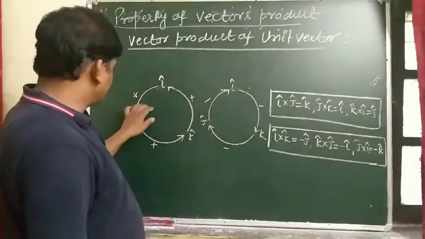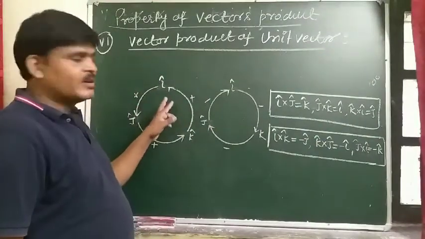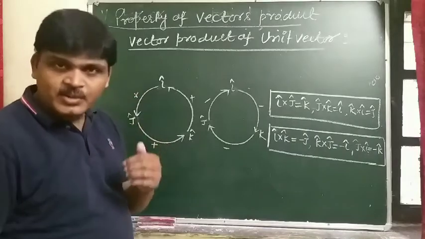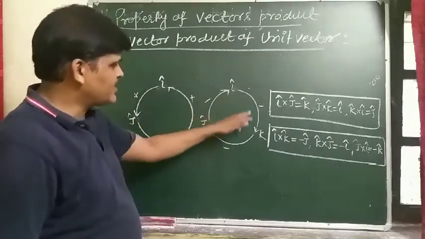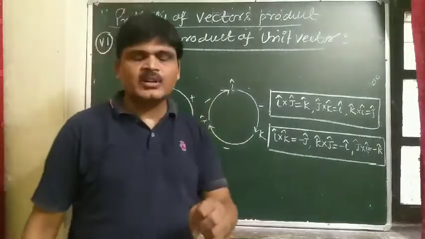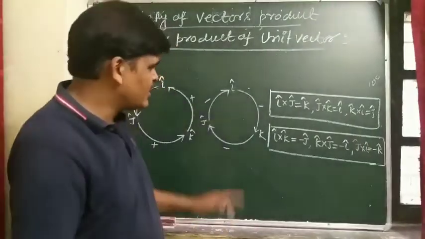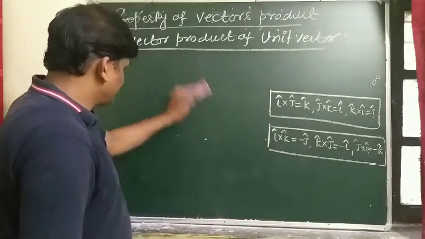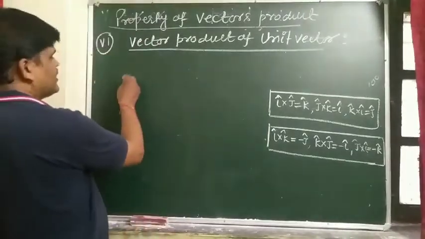So in the anti-clockwise direction, the vector product of unit vectors is taken positive, and in the clockwise direction it is taken negative.